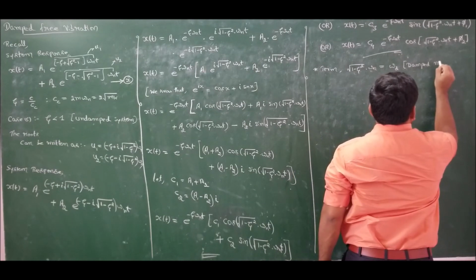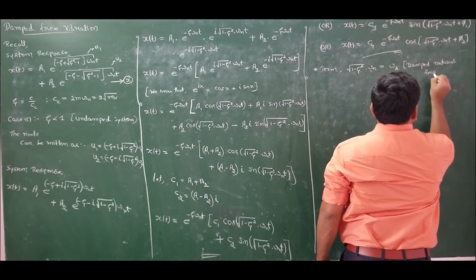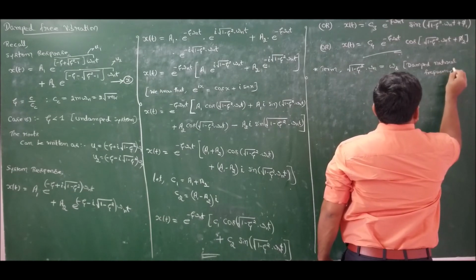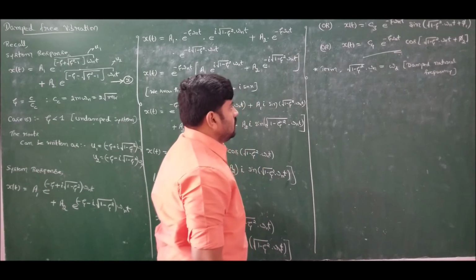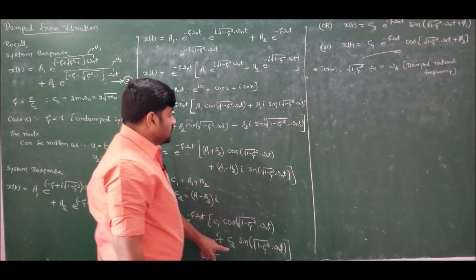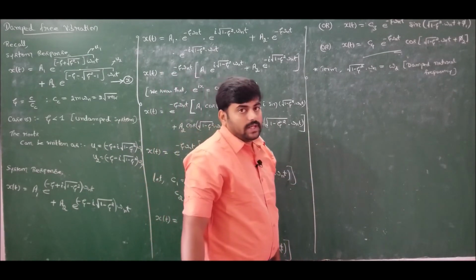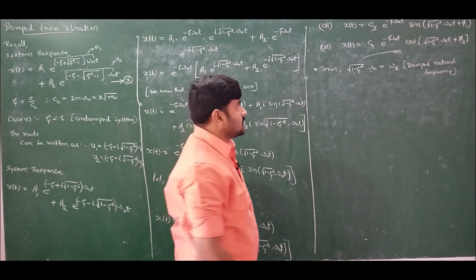Very important. Kindly make a note, this is very important. The constants C1, C2, C3, C4, phi 1, phi 2 are all arbitrary constants which can be determined by using initial conditions.